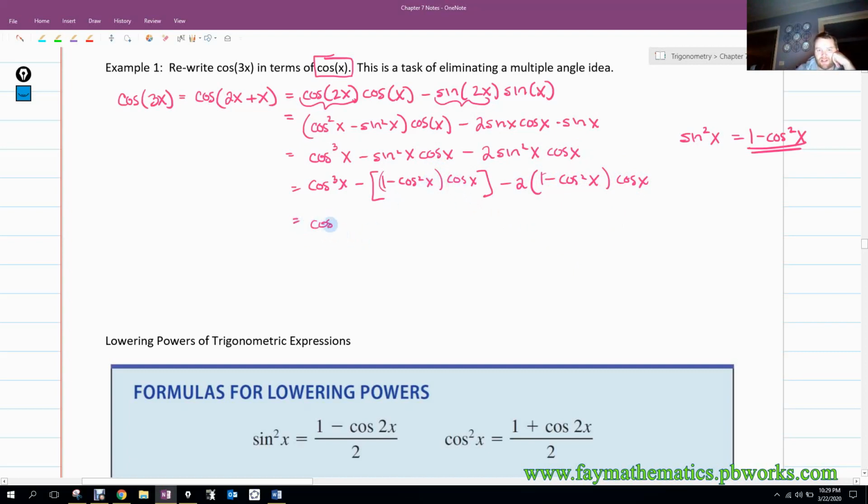Just do this in stages so you don't skip any signs. I'm going to distribute that cosine x through here, so it'd be cosine x minus cosine cubed x. I'm going to take that 2 and multiply, so that's 2 cosine x, and then distribute it. So it'd be minus 2 cosine x, and then plus 2 cosine cubed x.